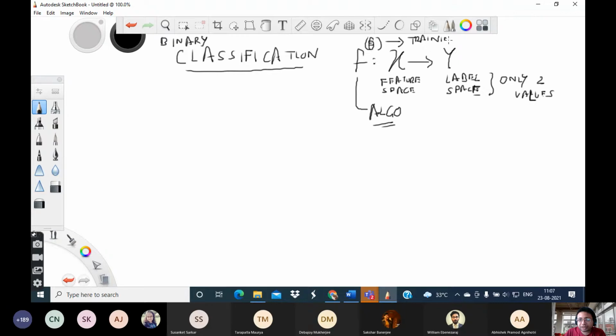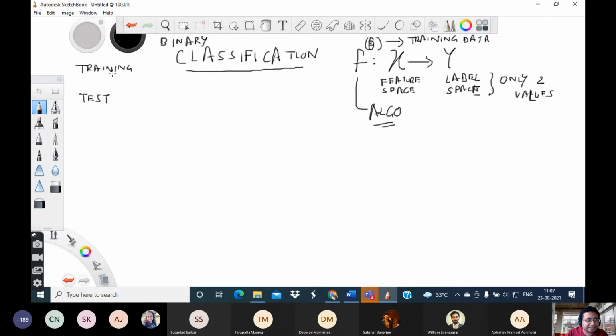As we said earlier, in any classification problem, there are two stages. One is the training stage, the other is the testing stage. What happens in the training stage?